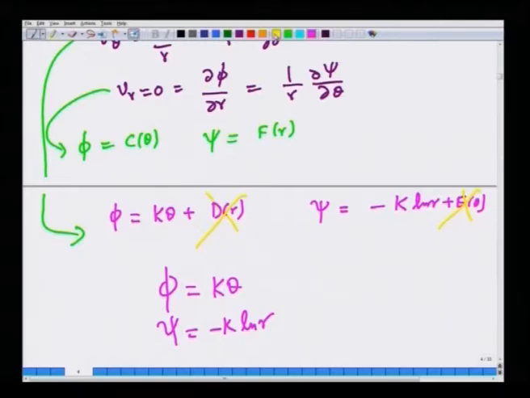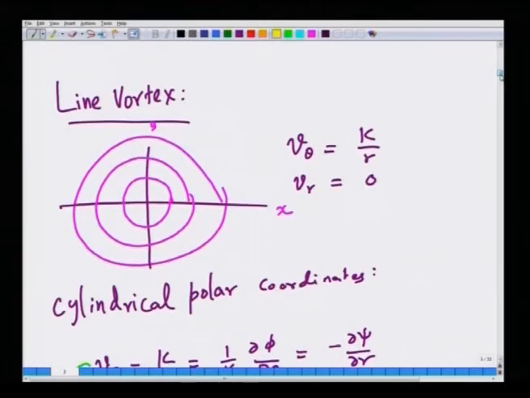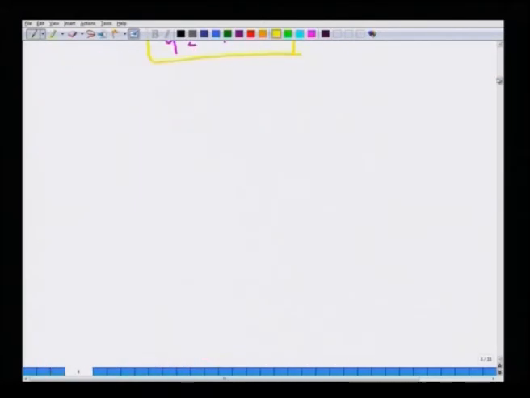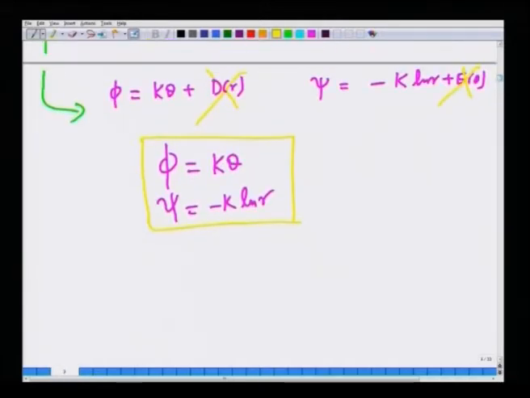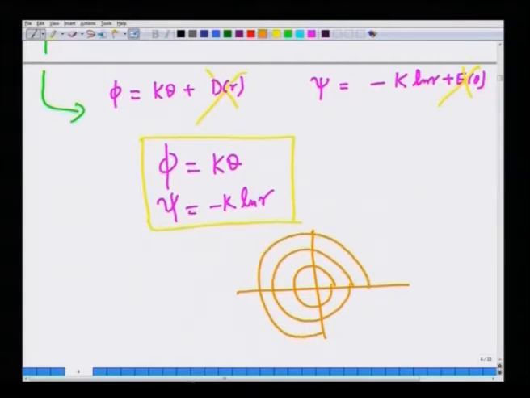These are the potentials and stream functions for a line vortex. So, if you look at the expressions, we can finally draw what the potentials and stream functions are. Okay. So, stream functions are lines of constant r. So, they are circular, in 2 dimensions, and potentials are lines of constant theta.